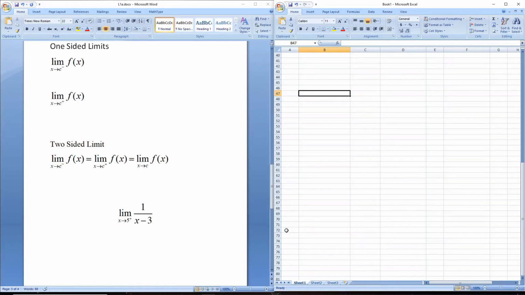So that means we're going to start with a number that's larger than 5, and then start choosing numbers that get closer and closer to 5. Now that we've chosen our inputs, we will simply plug these into the function and observe what happens to the outputs.